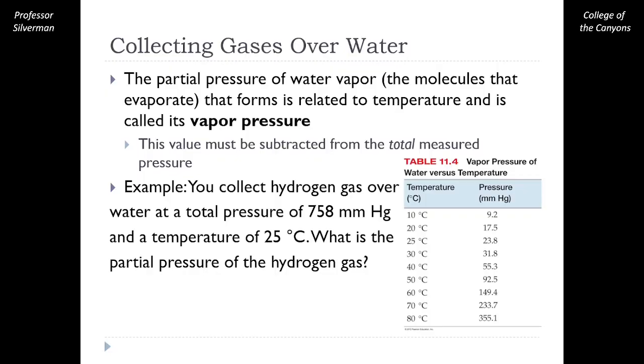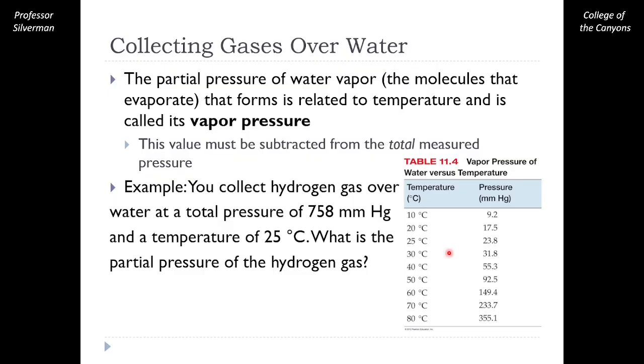You can see the steam rising off of it. That's that vapor pressure. If you pour cold water or room temperature water, there is still some vapor rising off of it. It's just going to be less at lower temperatures. What's nice is this is well documented and we know exactly how much vapor pressure to expect at each given temperature.